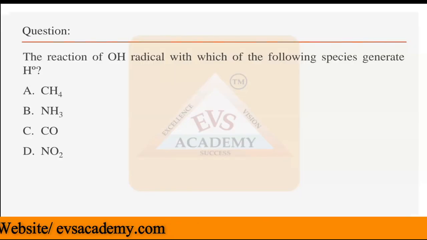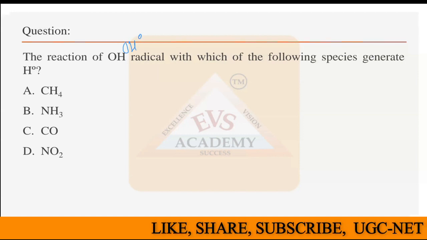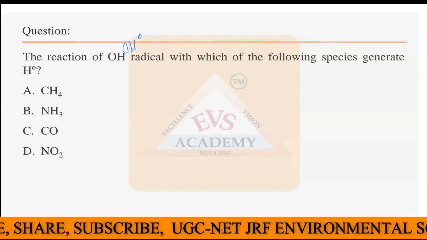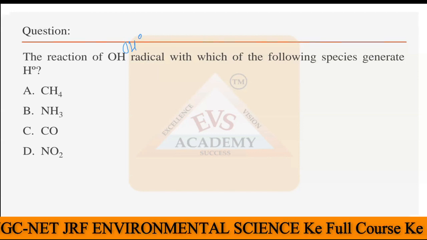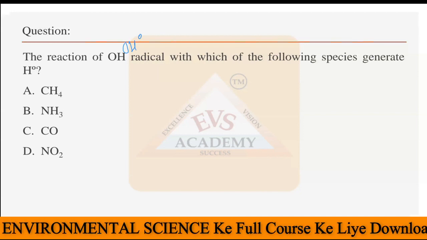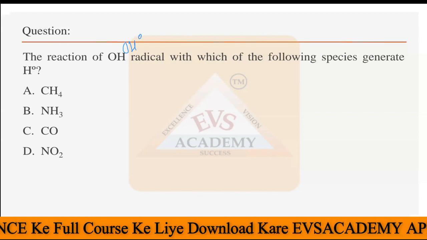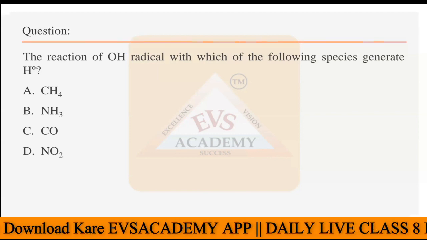The next question is saying that the reaction of OH radical with which of the following species generates H radical? Whether it is CH4, NO3, CO, or NO2. If you have remembered all the equations of OH radical, only then can you answer this question. So let's see with what OH radical is reacting and creating H radical.